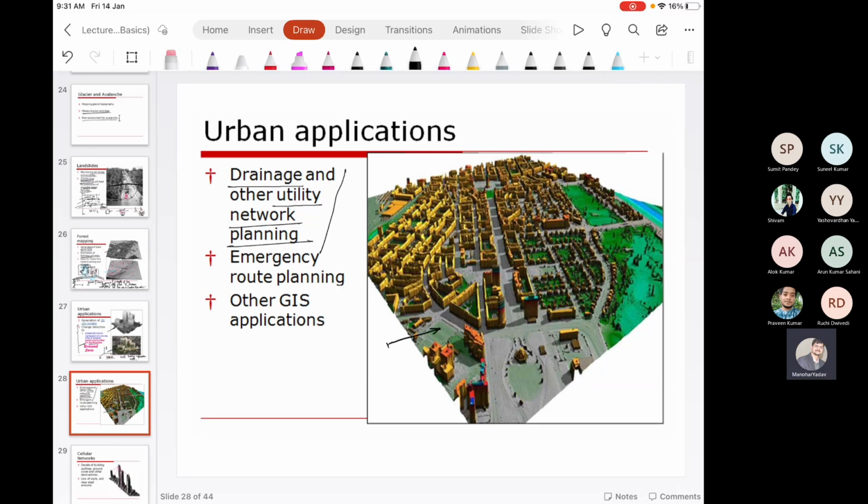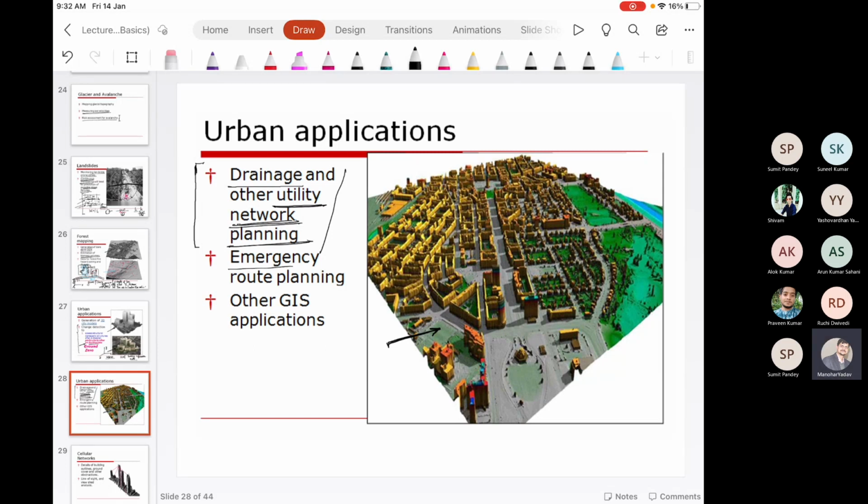This LiDAR can assist in generating a detailed and accurate 3D model of the entire city, where you have structural detail of buildings, trees, road network, and all other objects. Using this entire model, you can plan the various utility networks and optimize your planning to lay down these utilities on the actual site.